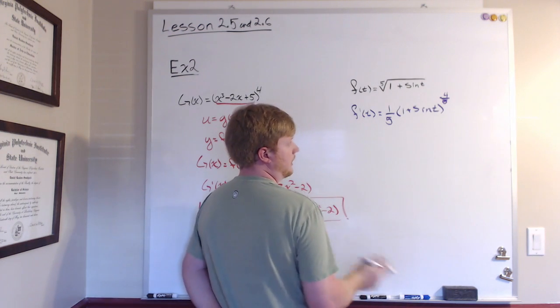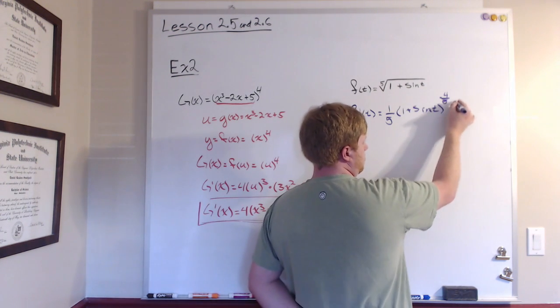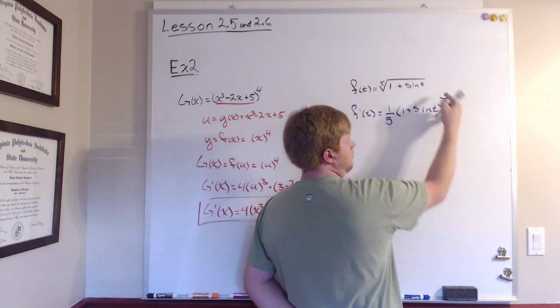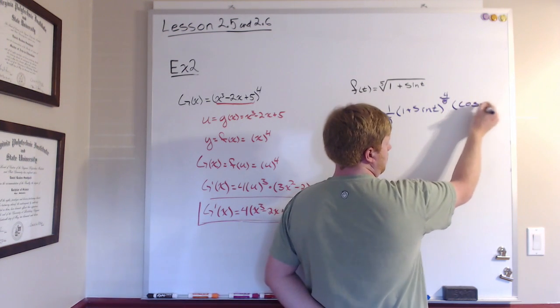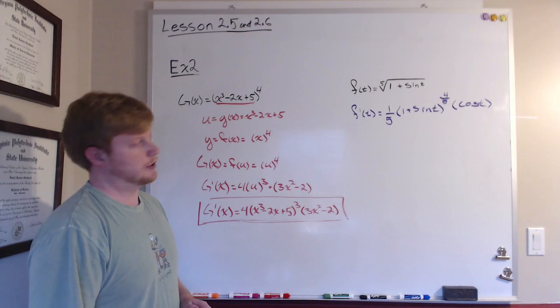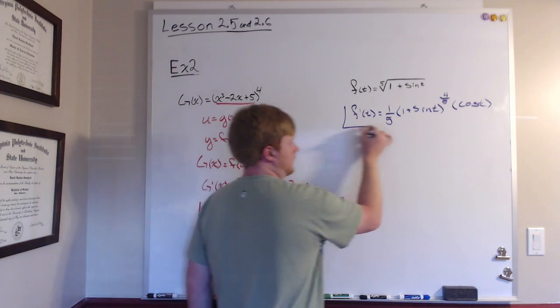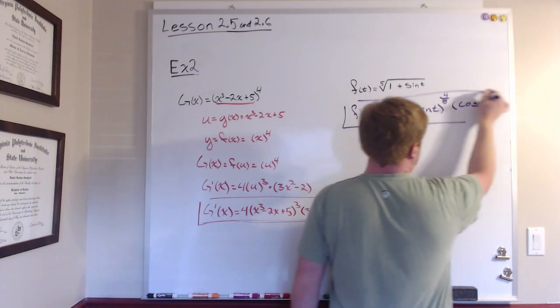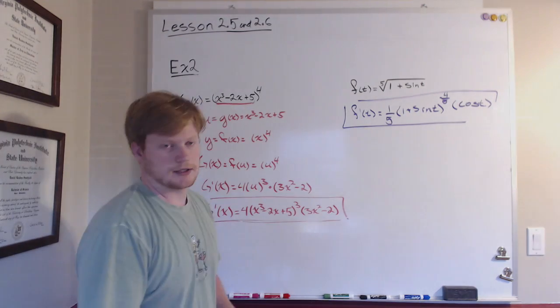Okay. Then multiply by the derivative of the inside, which is 0 plus cosine t. And we're done. There's nothing that I see worth trying to simplify.